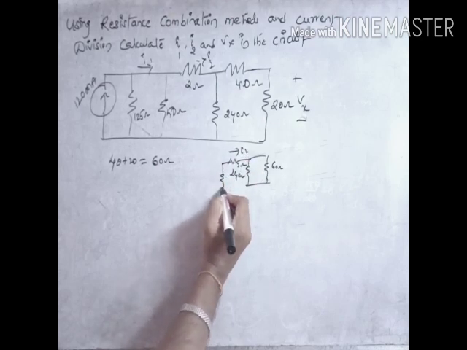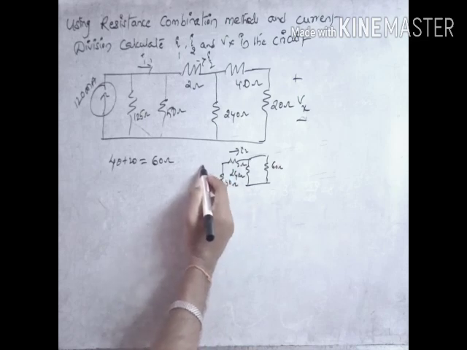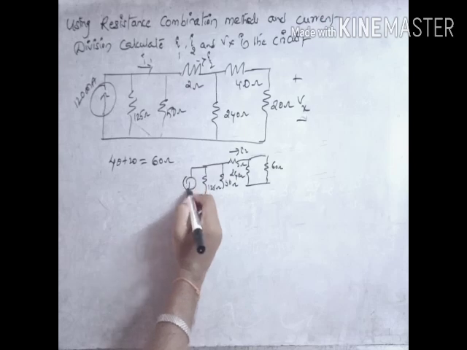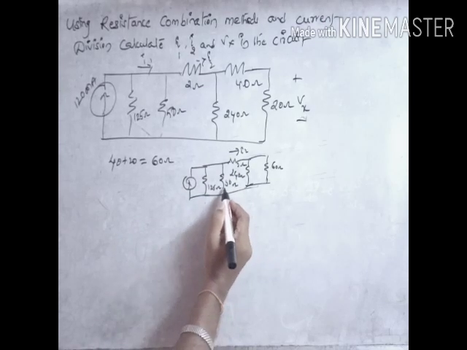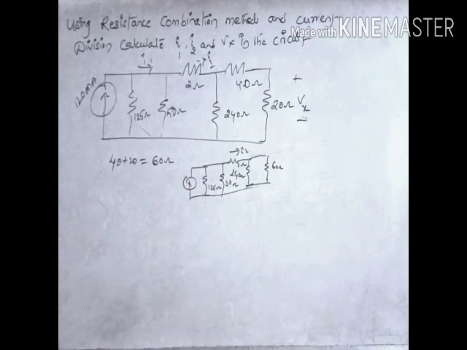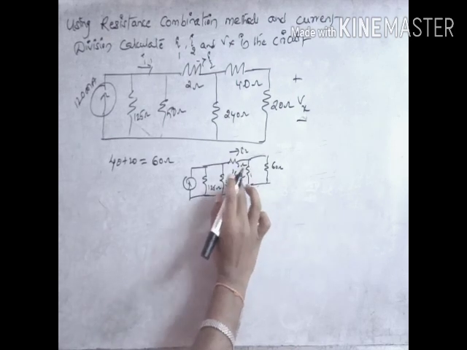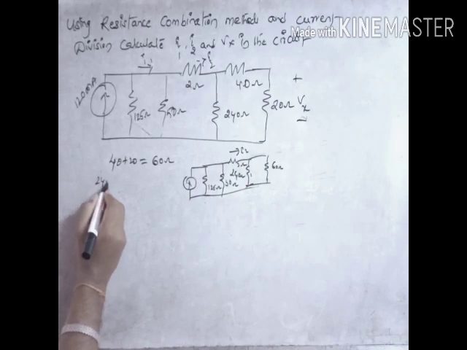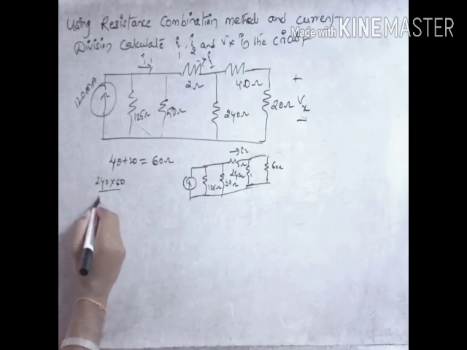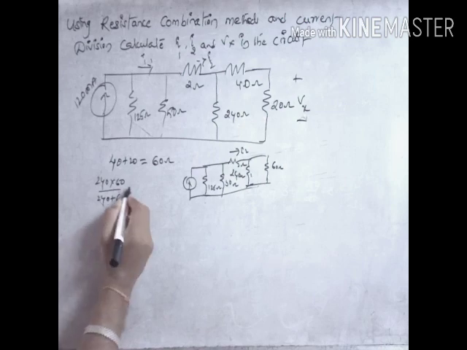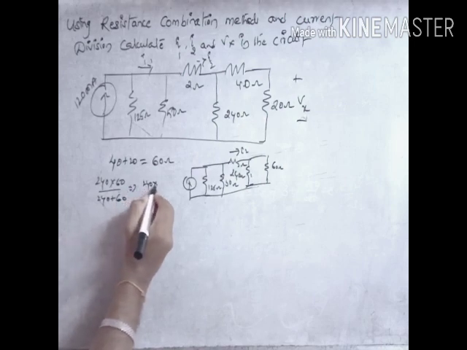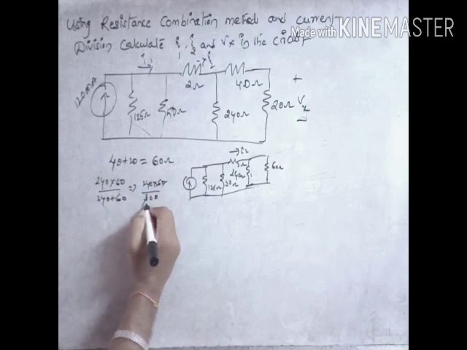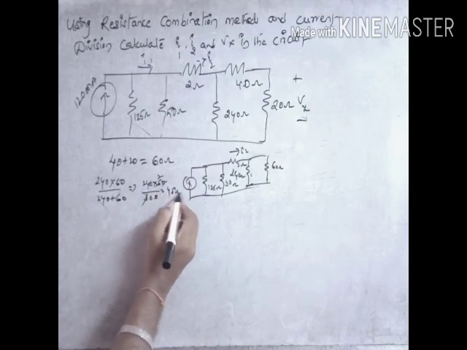2 ohms and this is 50 ohms, 125 ohms, and this is the total current source. So this is how it looks. This is 240 ohms, already mentioned. 60 ohms and 240 ohms are in parallel, that is 240 into 60 by 240 plus 60, that is 240 into 60 by 300, so we get 48 ohms.